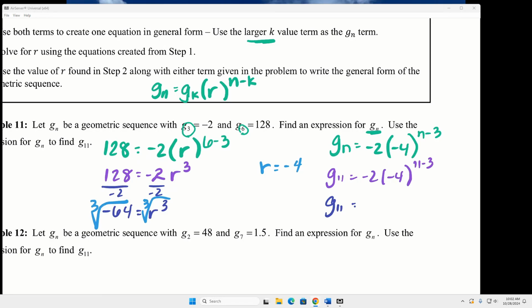And that's going to be negative 131,072. So those geometric sequences get large very quickly at an exponential rate, actually. And then sometimes, if your R is a fraction, they get really, really small quickly.